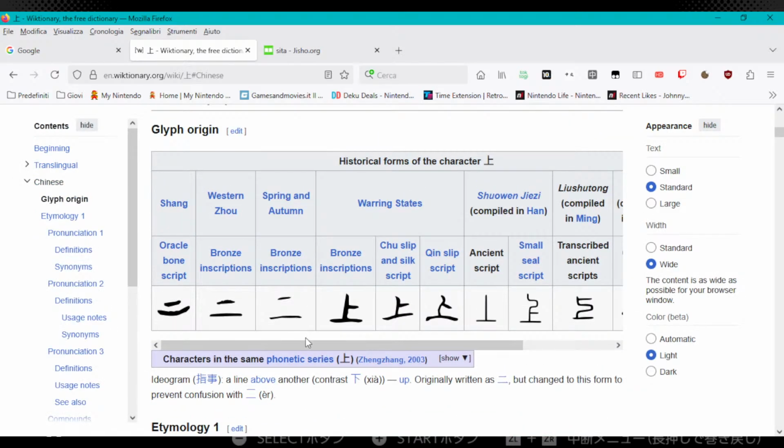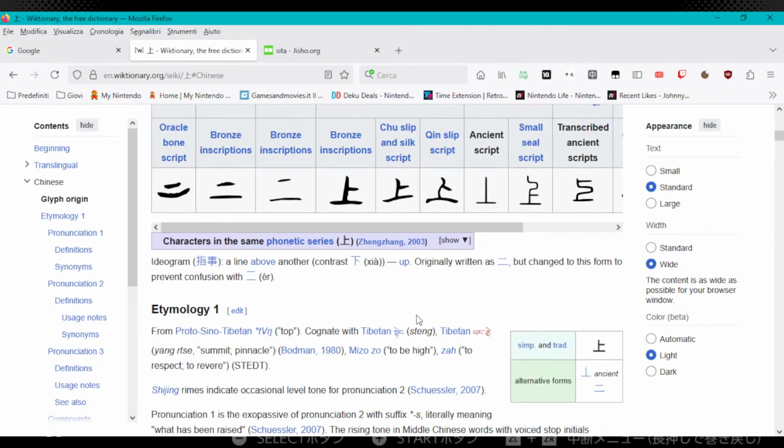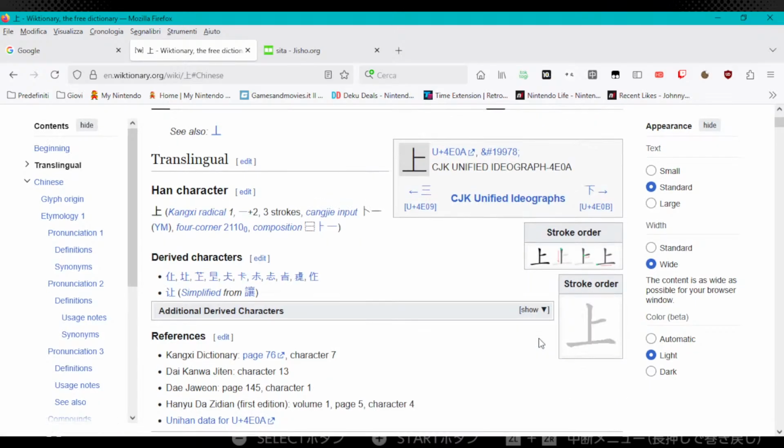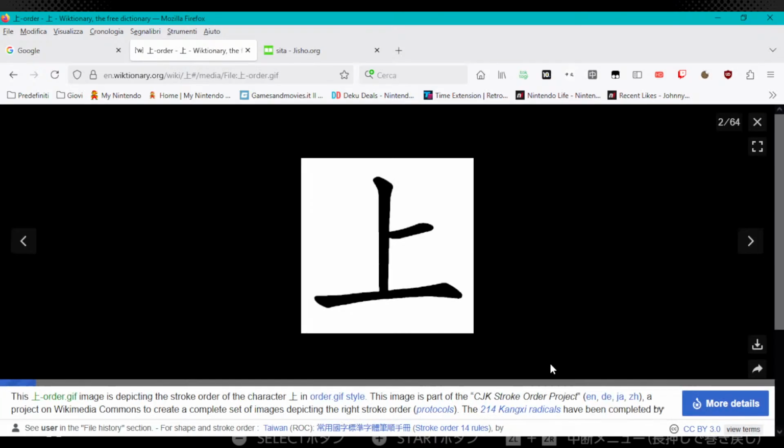As you can see from the historical forms of the character, again we have a longer line, and in this case, a shorter one above it. Now in our modern form, it's become slightly more complex.